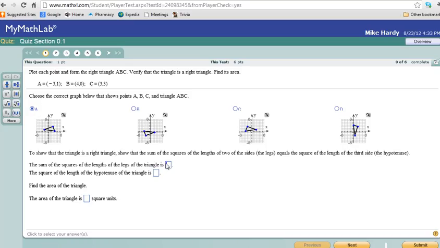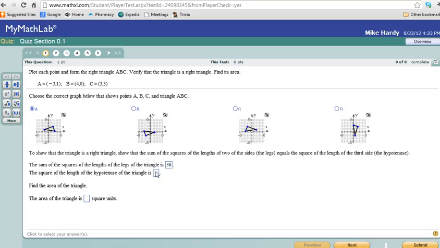The sum of the squares of the lengths of the legs of the triangle is what? Well, this length between -3, 1 and 4, 0, you know what? I'm too lazy to figure this out. So I'm going to deliberately get this wrong and say it's 36.